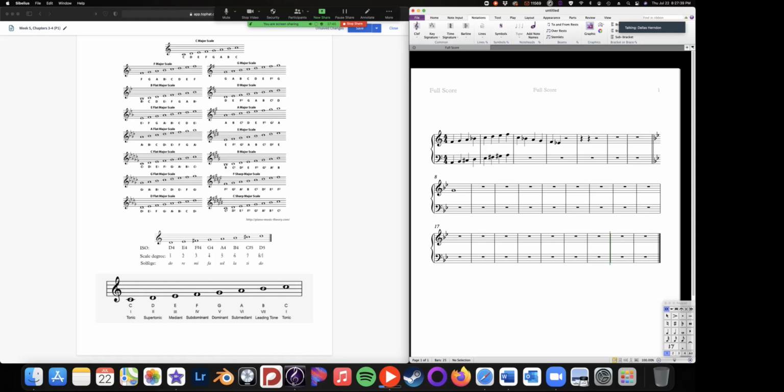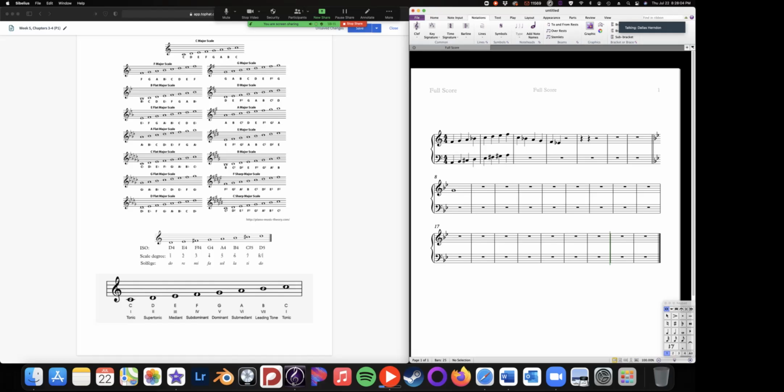Either you can write out the scale and figure out what the scale degree is, or you can think along the lines of just the letter names. So for example, B flat, and I go in order, not really thinking about accidentals, just the letter names.